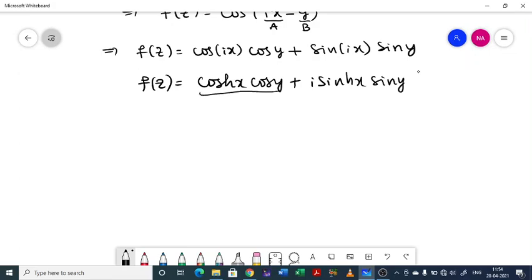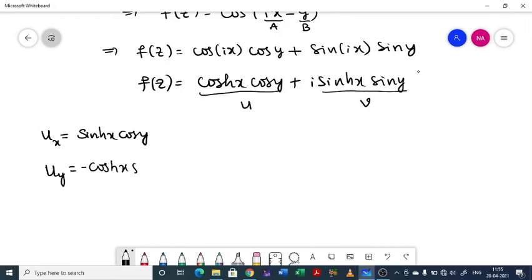So this is u and this one will be v. Find its derivatives. Ux equal to, you have to differentiate u with respect to x partially. Ux equal to sin hx cos y, uy equal to, we get a minus sign finally, cos hx sin y.